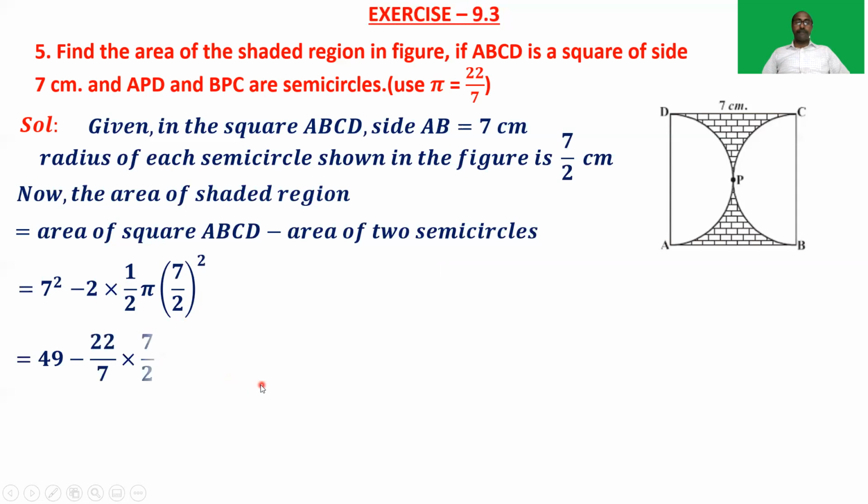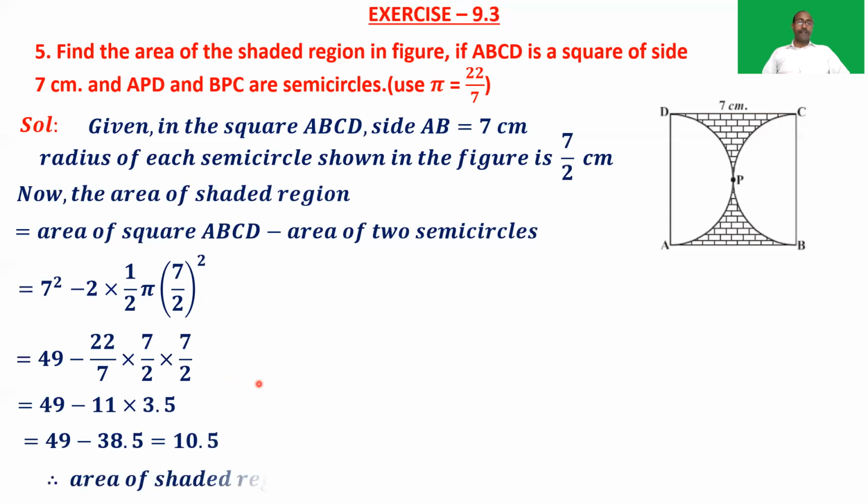By simplifying this, we get 49 minus 11 into 3.5, that is 10.5 centimeters square. So the area of the shaded region in the given figure is 10.5 centimeters square.